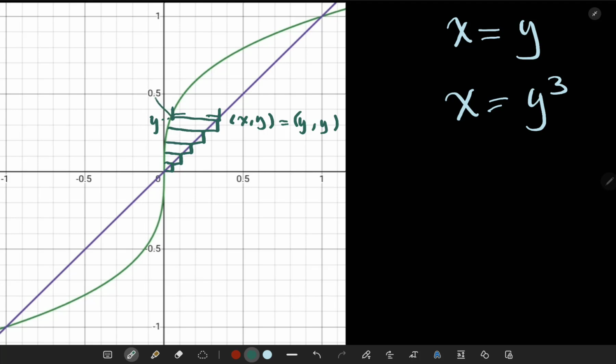And here, this point is of the form x comma y, but in this case x is y cubed, as given here, so it's y cubed comma y. So for a fixed value of y, the distance between this point and this point is given by the distance between the x coordinates, which is y minus y cubed.